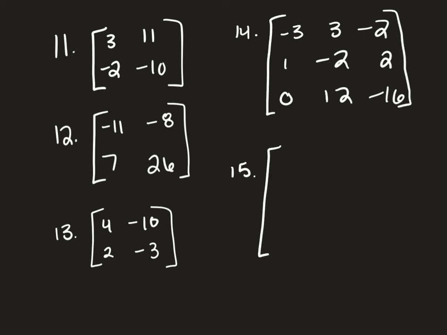15 is another 3 by 3, so negative 7, negative 4, negative 2, 2, 4, 5, and negative 7, negative 2, 6.